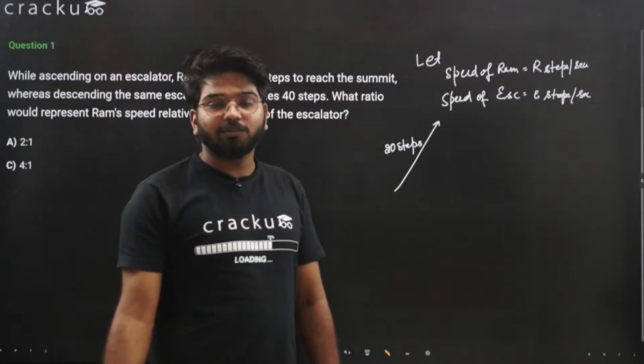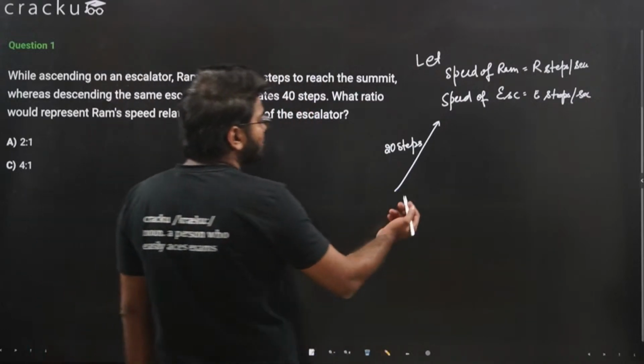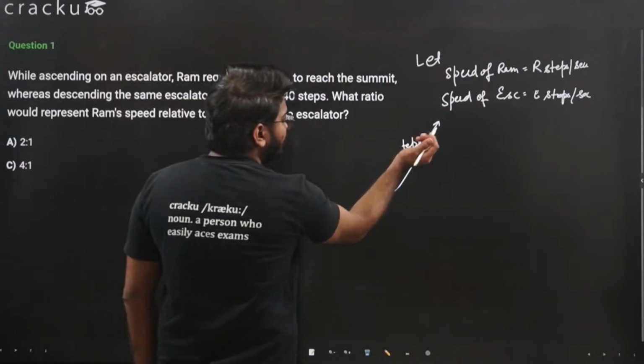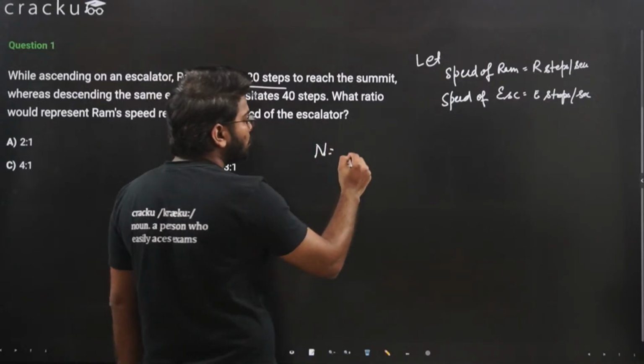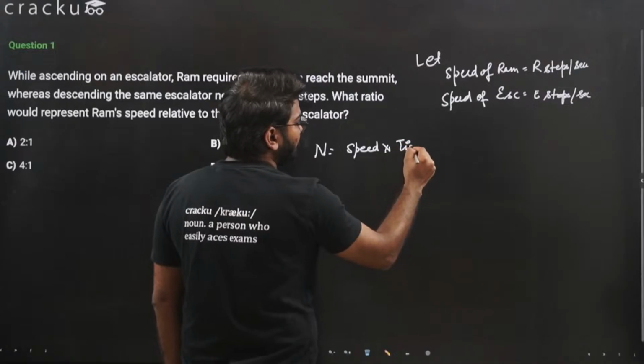Now we know that the number of steps in an escalator is constant. So Ram takes 20 steps to reach the top. We know that n, that is the number of steps, is equal to speed into time.